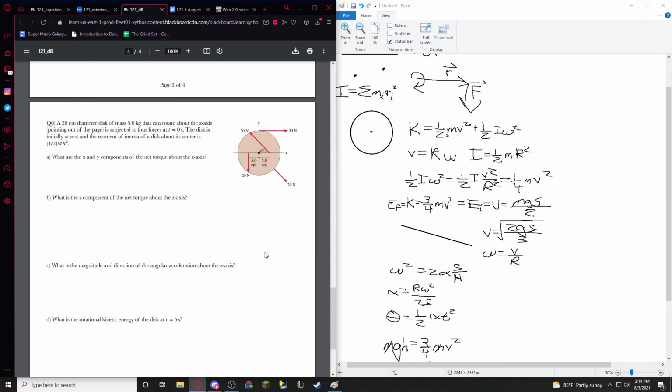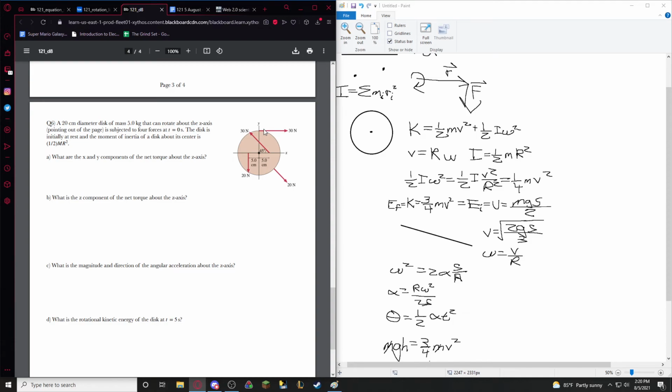What direction are each of these torques acting in? Are all of them acting on the z-axis? What direction is the top force? What direction is the torque acting from the top force? It's directing clockwise.